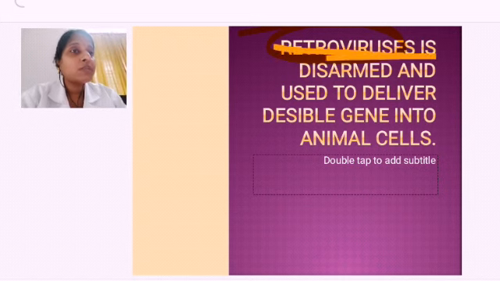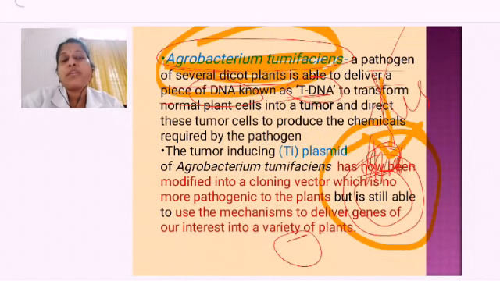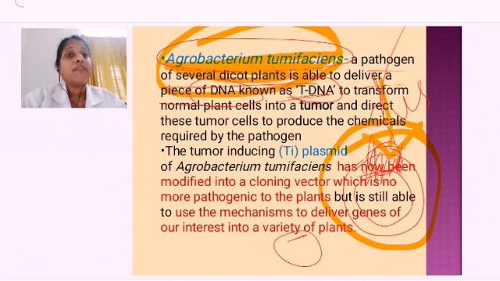So in animals, what are we using? The retroviruses, and in case of plants, what are we using? We are using Agrobacterium tumefaciens as a good vector. So vector for plants, if you are asked, it will be Agrobacterium tumefaciens. Why? Because they contain the TI plasmid, the tumor inducing plasmid.